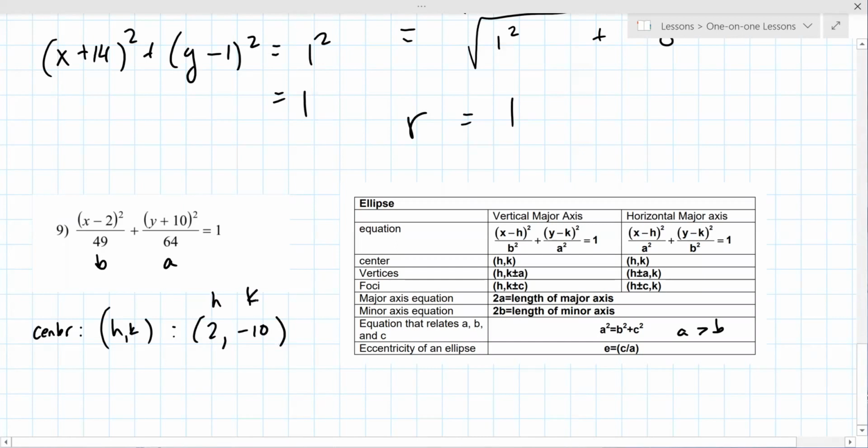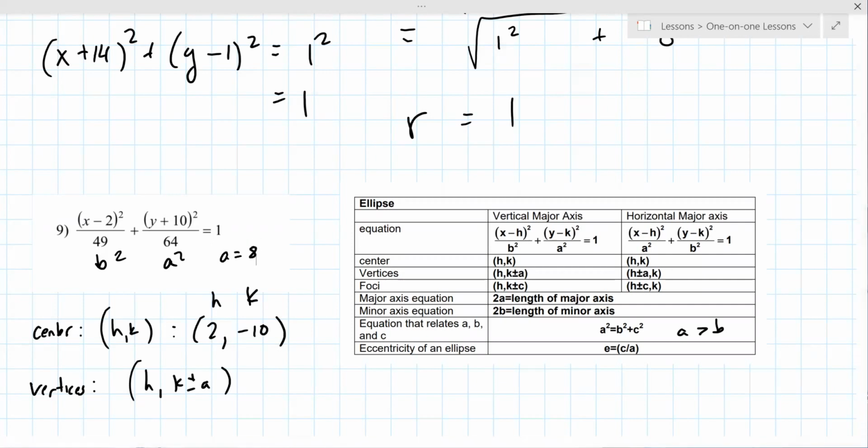All right. Then the vertices are H comma K plus or minus A. So we now have to find A. Well, A squared is 64. So that means that A equals 8. You follow that?